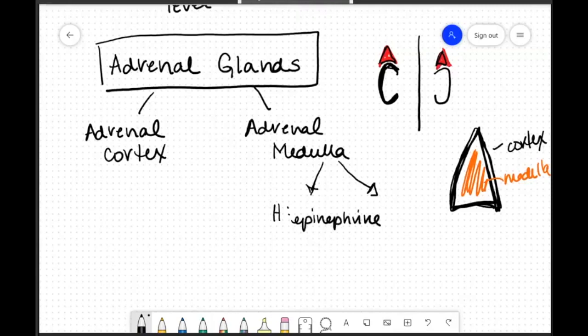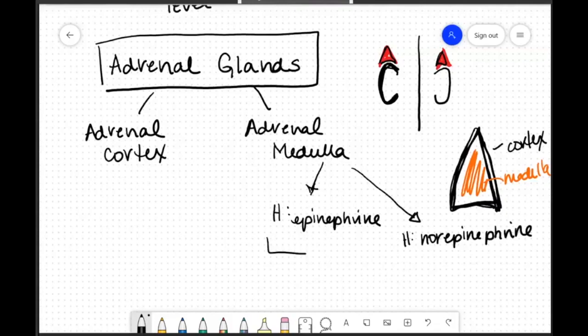This is the hormone that gives you the ability to act, to fight or flight. It's adrenaline. It will turn your system on. Whereas your adrenal medulla also releases the hormone norepinephrine, which will turn off the system of fight or flight.